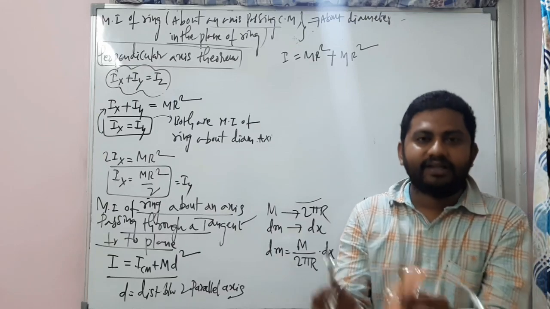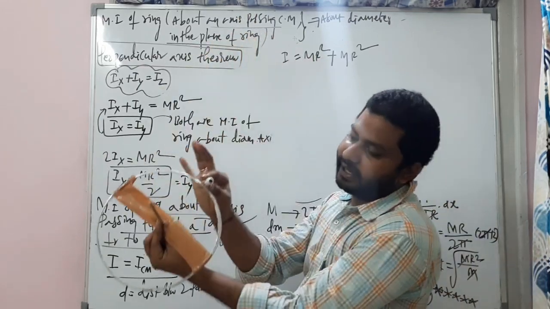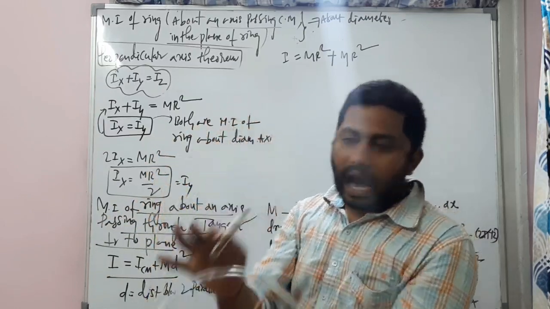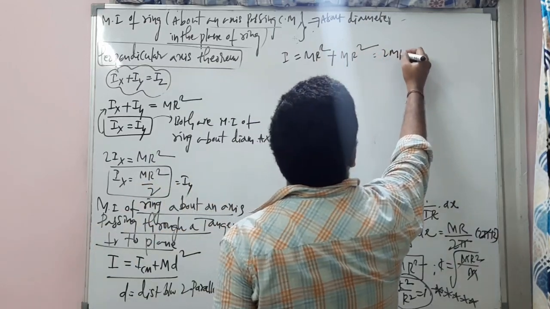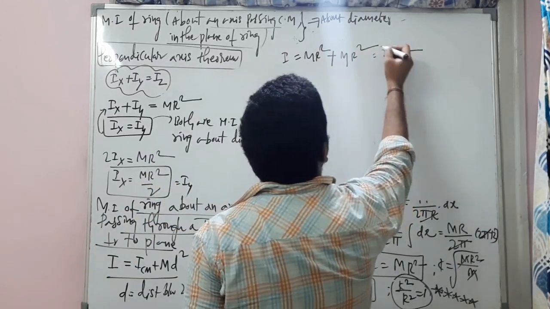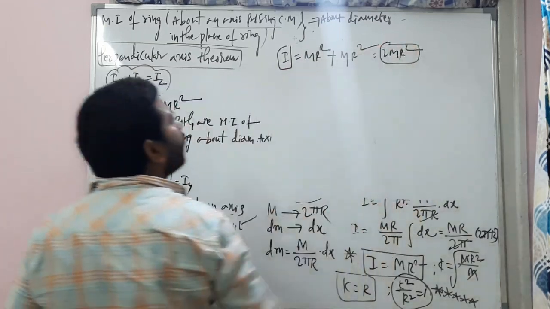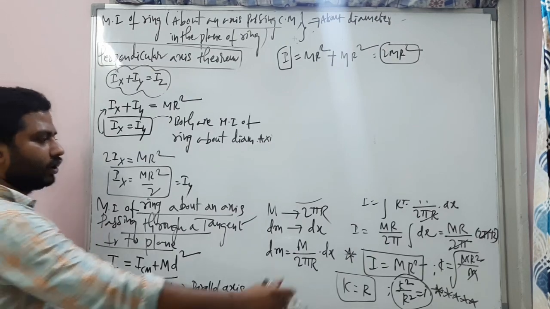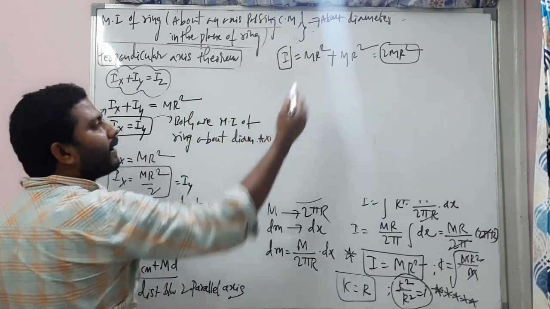Yes, see here. Is it the radius of the ring? Everybody in all the directions, I'm just showing. Everybody look at here. What's the distance between two parallel axes? So that's r. So mr square plus mr square, so that's 2mr square. Okay, so moment of inertia ee case alli 2mr square. How many moment of inertia values we have got? mr square by 2, 2mr square.